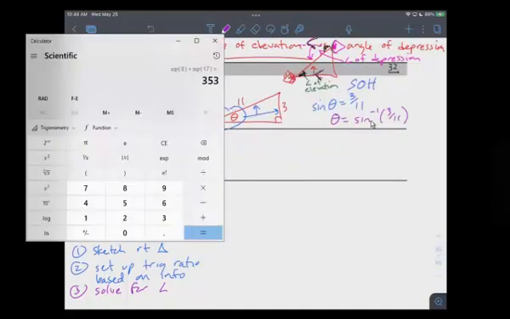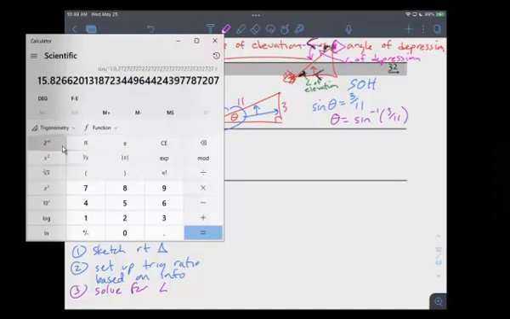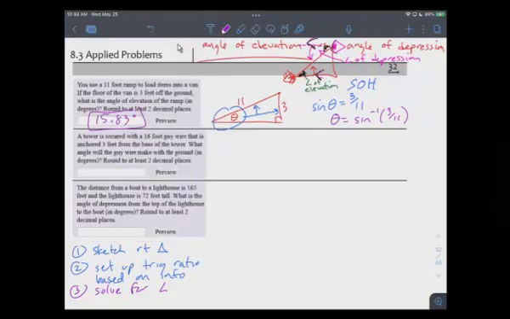I do want to make sure I'm in degree mode. When I take 3 over 11, evaluate that, and then take the inverse sine, I get my angle to be 15.83 degrees for my answer. So 15.83 is going to be my solution.